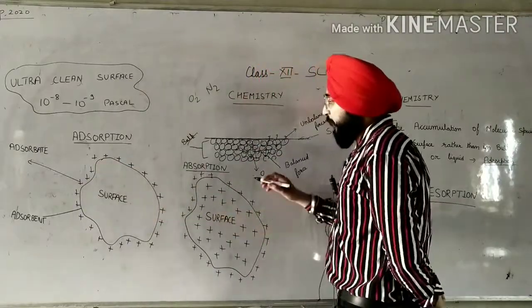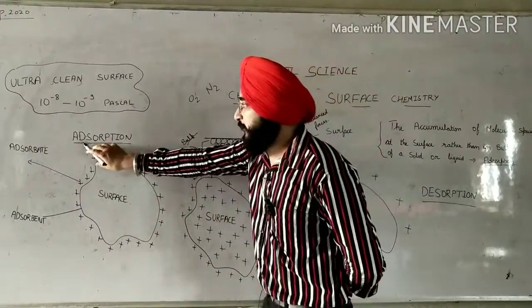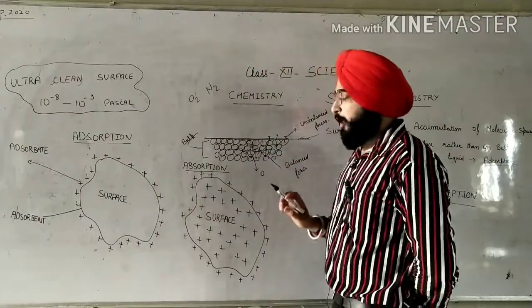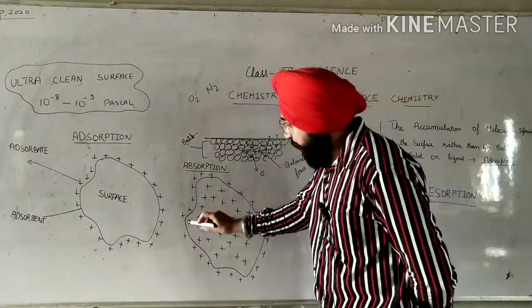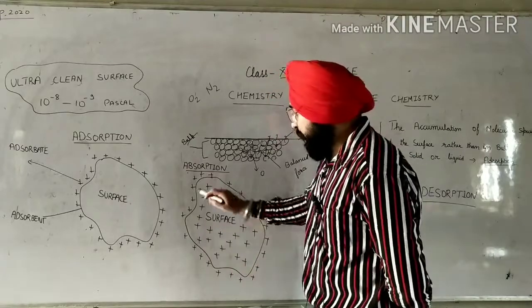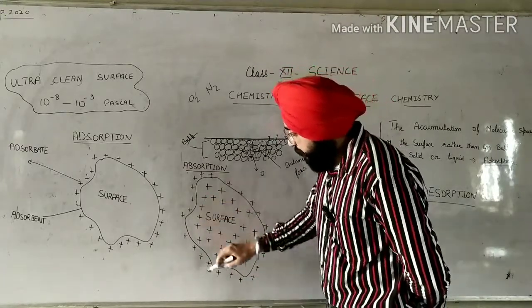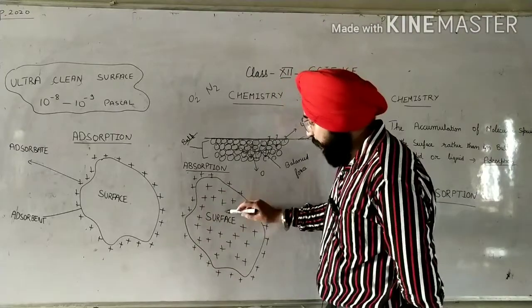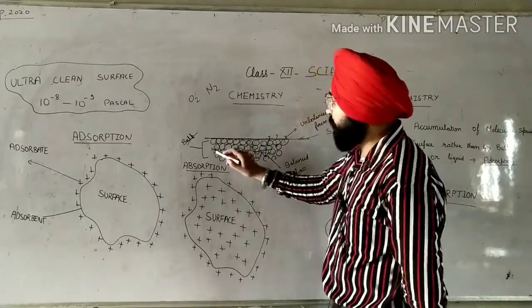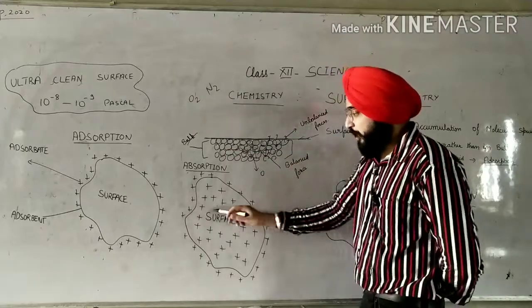But in absorption, you can see these plus signs, these are particles. The interaction of particles is with the surface, and they are also in the bulk, inside the surface.